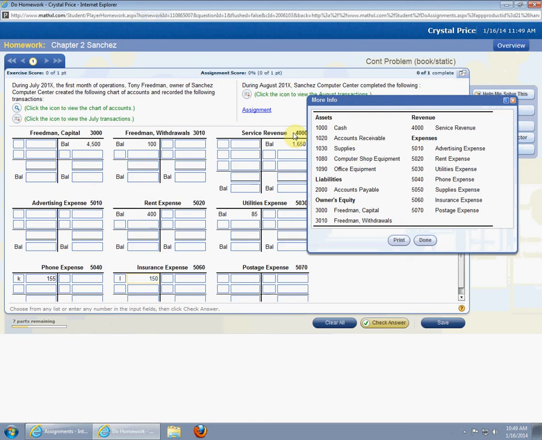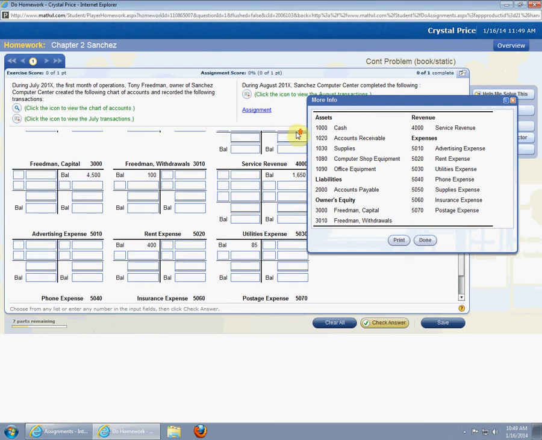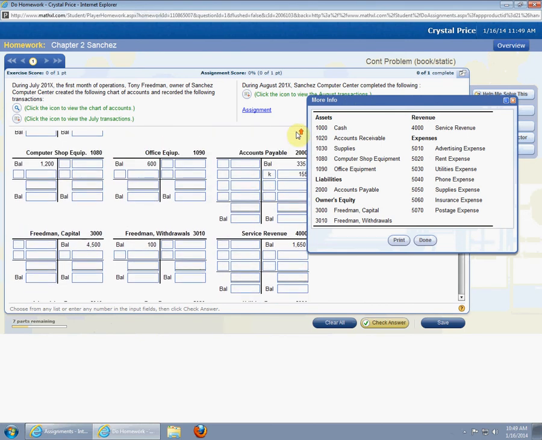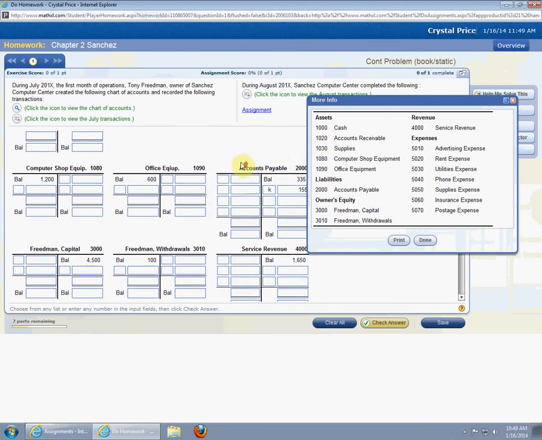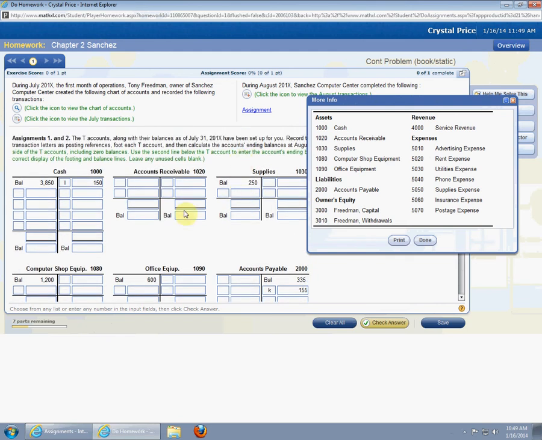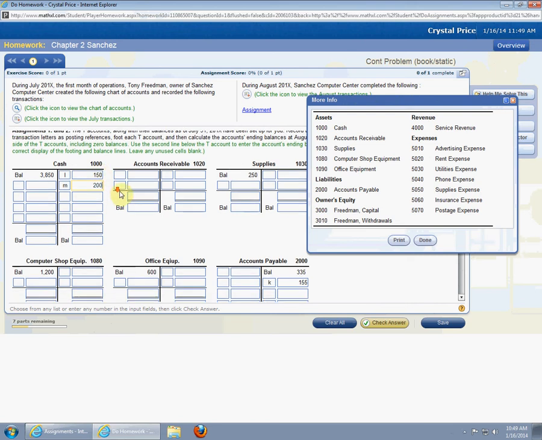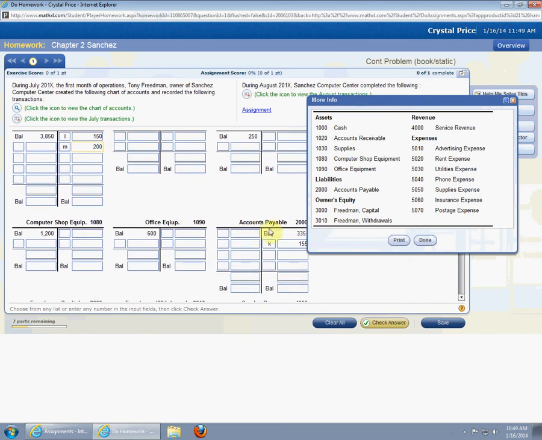So what is the rule to decrease a liability account? Okay, so there we have our debit and our credit. Let's go to our cash account. We will go to the credit side of our cash account, and this is transaction M, and the amount was $200. Now we go to our accounts payable because we're trying to reduce what we owe.